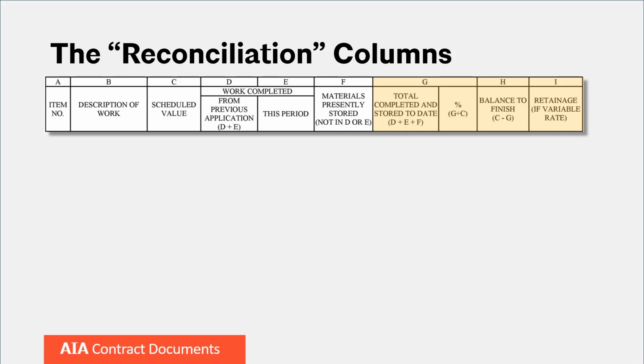For the right-hand column under G, the percentage is automatically calculated in the form and is the left-hand column G divided by the schedule value in column C. These columns provide the architect with two means of evaluating the cost item, either on the stated sum of completed work or as a percentage of the completion of work.